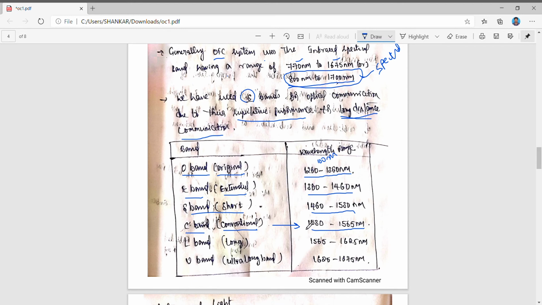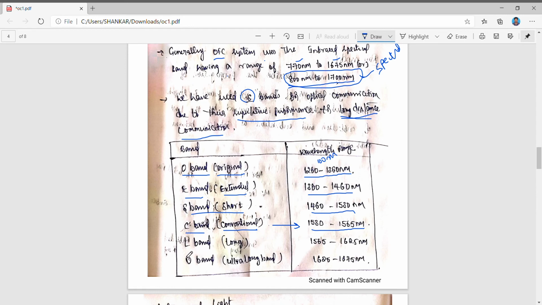We choose this frequency range for conventional optical systems. We can choose any one, but the most preferable bandwidth is 1530 to 1565 nanometer. This is very conventional for optical systems and optical domains.